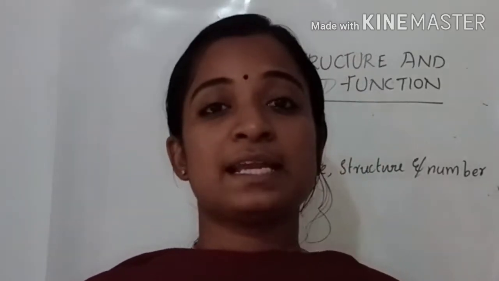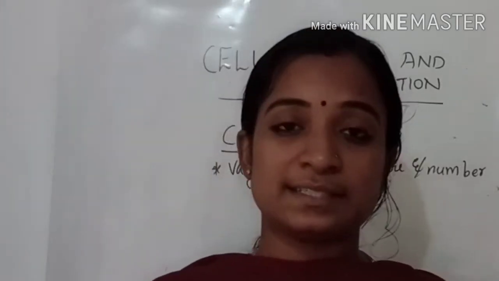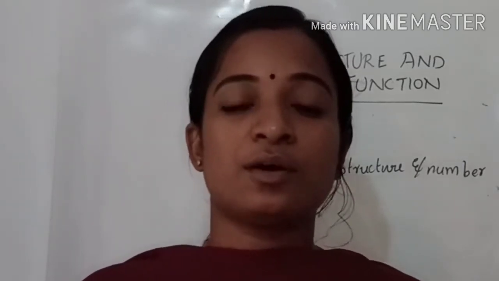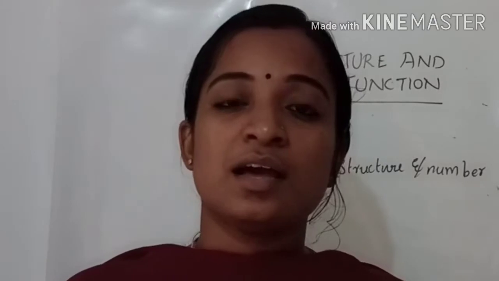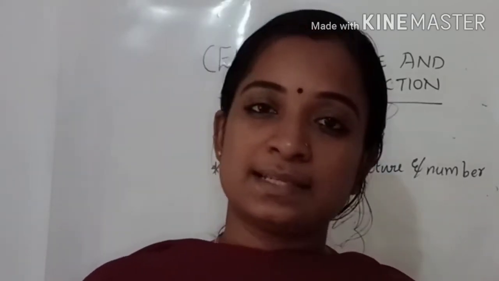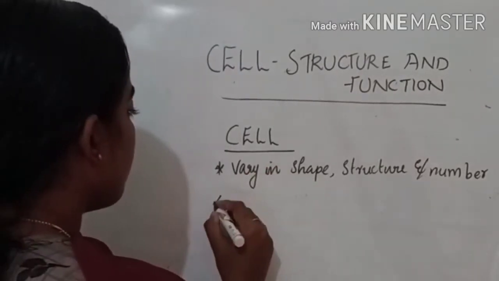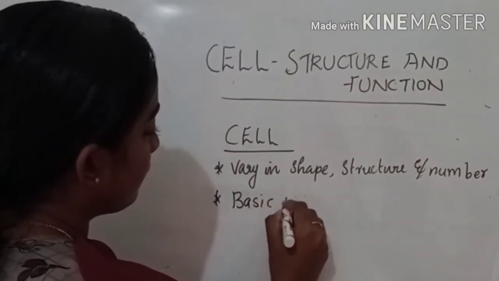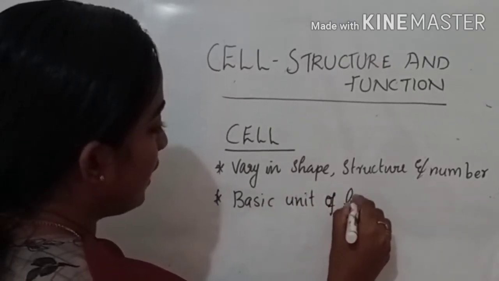So I told you that in all living organisms, these organs are made from cells, right? So any part of a living organism, when we take any part of a living organism, it's made from cells.